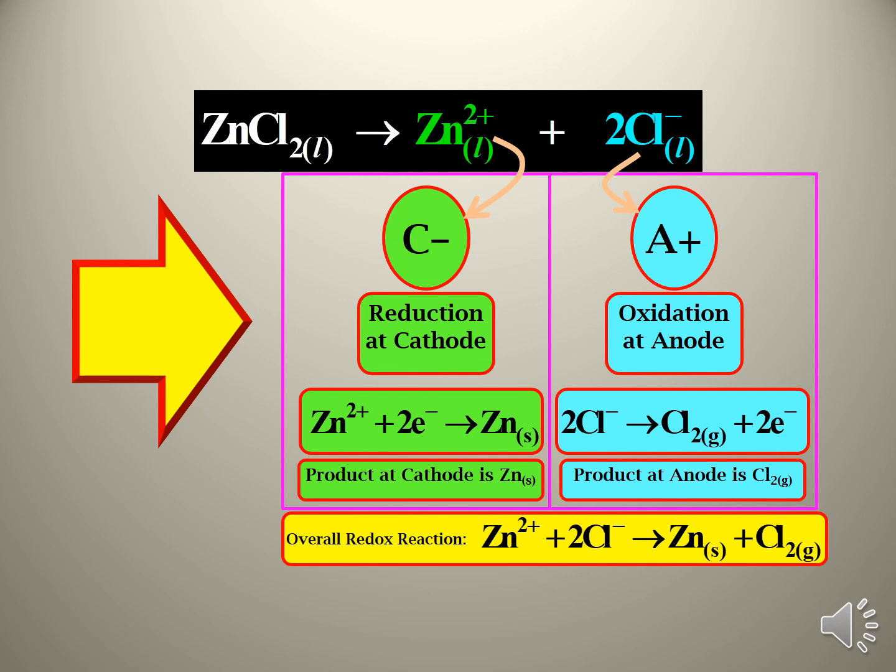So by adding these two reactions, we will get the overall reaction in which zinc ions plus chloride ions will give zinc metal and chlorine gas. So by using different types of electrolytes in the electrolytic cell, we will get different products at the anode and cathode.